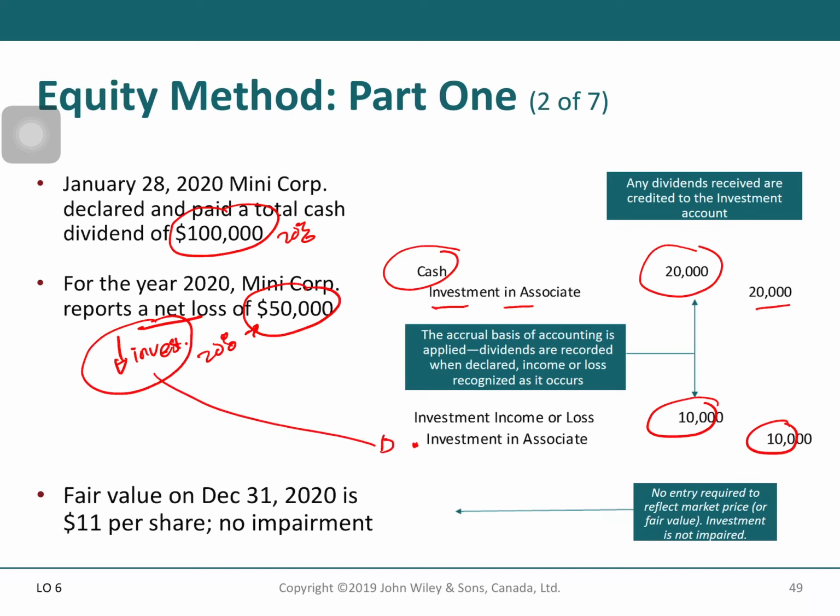Okay, and you get investment loss. Okay, the next, fair value in December is $11 per share. No impairment, no need to record anything because we implement the equity method.